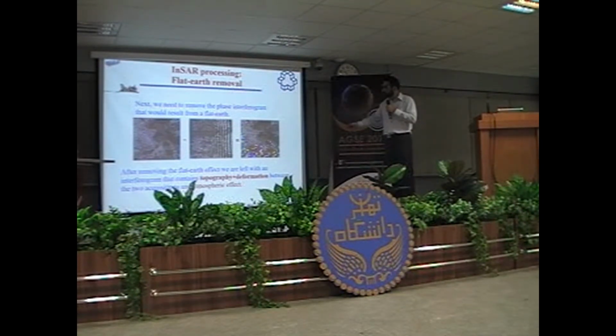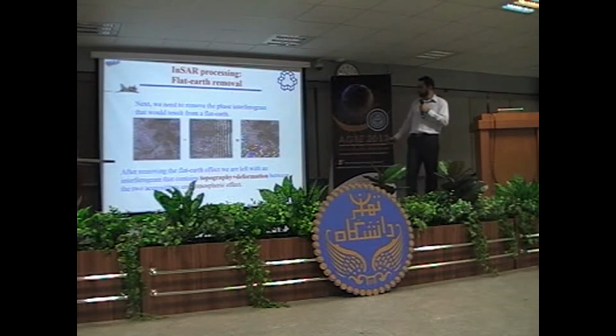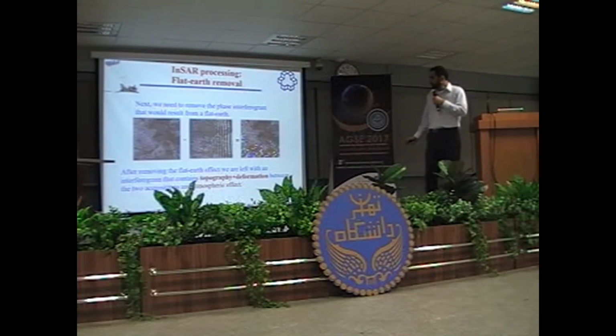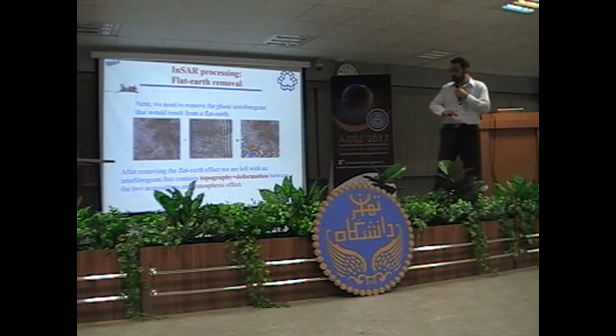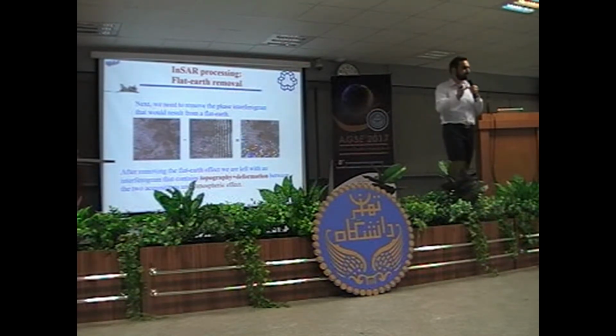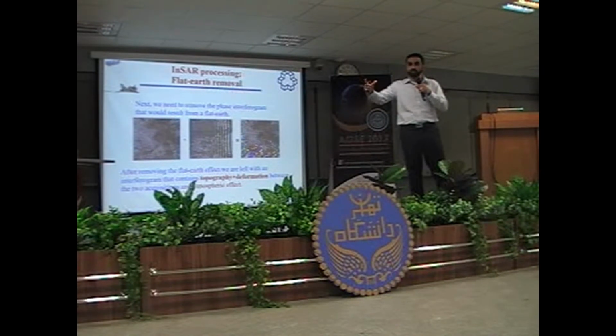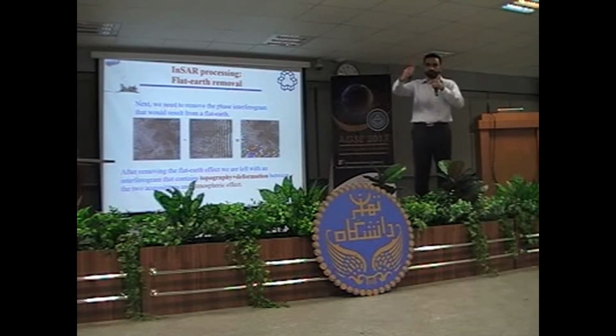Anyway, the first part is to remove the flat earth term. So what is flat earth here? The flat earth, which we call the phase interferogram from a flat earth area, means that even if the earth is completely flat, I mean you are working on a flat area, there are still phase differences between this pixel and its neighboring pixels. This is because of the geometry of InSAR.